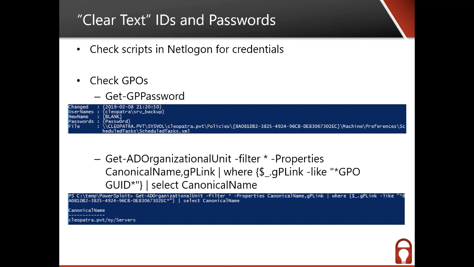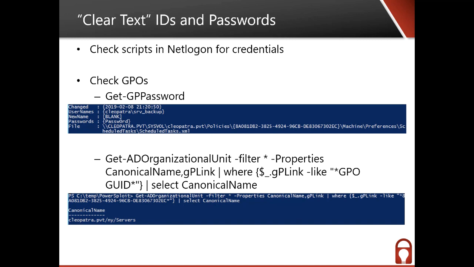Now, when Microsoft created it, they made sure that the passwords were encrypted using AES 256, stored in XML files in SYSVOL. But then four years later, someone at Microsoft, I believe because they were trying to help someone troubleshoot a problem with Group Policy Preferences, actually published the key to MSDN. And suddenly it was out in the wild and everybody was able to get it.